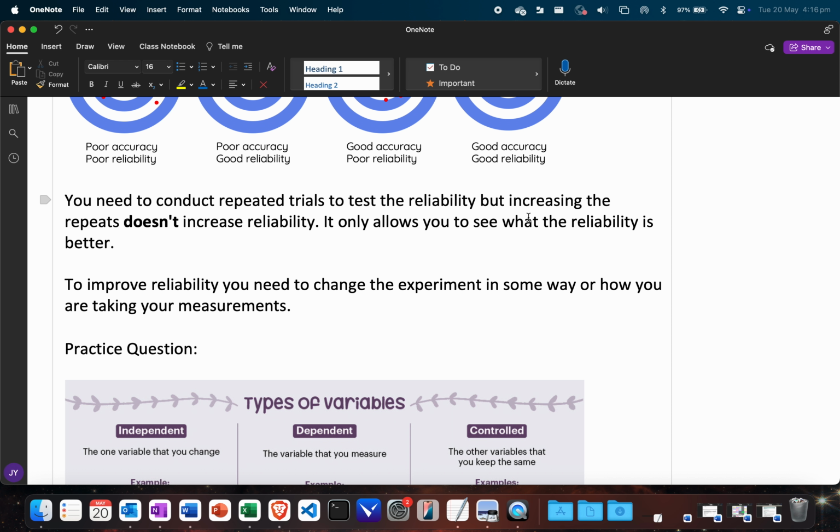And that is not the case. It is not true. Doing repeats allows you to test the reliability. If you haven't repeated the experiment, you don't know if it is reliable or unreliable. In other words, the reliability cannot be determined.